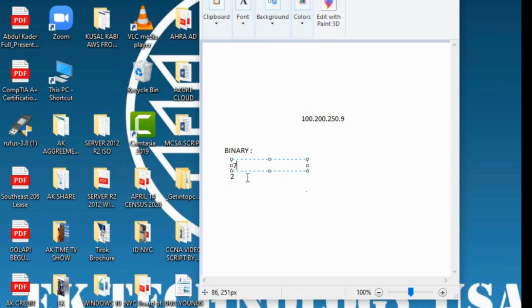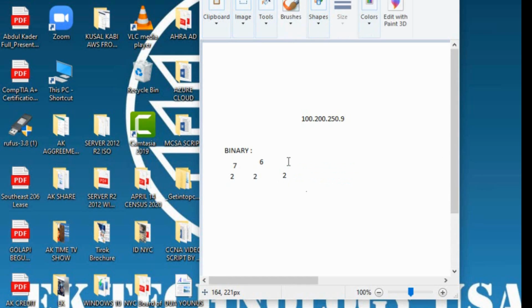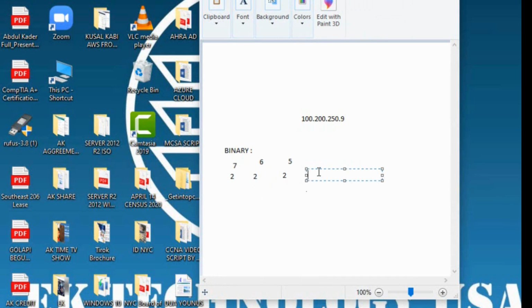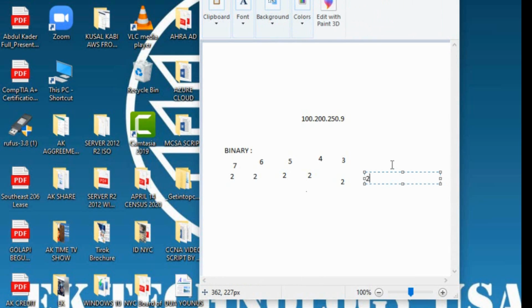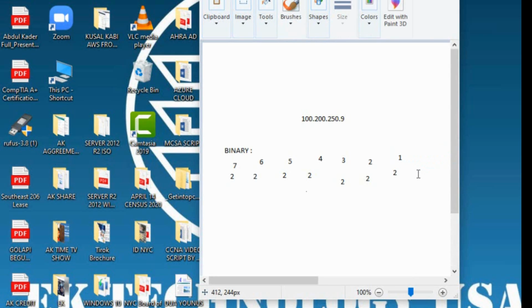Over here you can see that I'm going to type 2 to the power 7, 2 to the power 6, 2 to the power 5, 2 to the power 4, 2 to the power 3, 2 to the power 2, 2 to the power 1, and the last, 2 to the power 0.